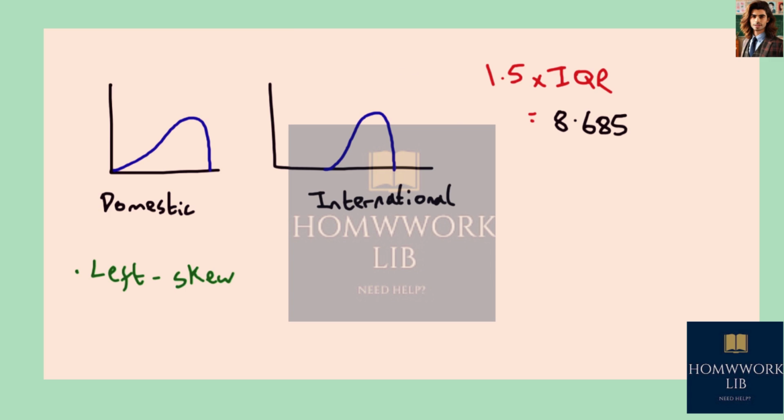So if something is more than 1.5 of the interquartile range below the first quartile, it would be an outlier. We've not been given the quartiles here, but you can see that the lowest value looks to be about 65. It's believable that that is more than 8.7 below the first quartile.